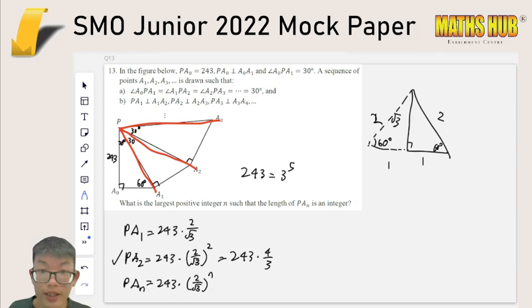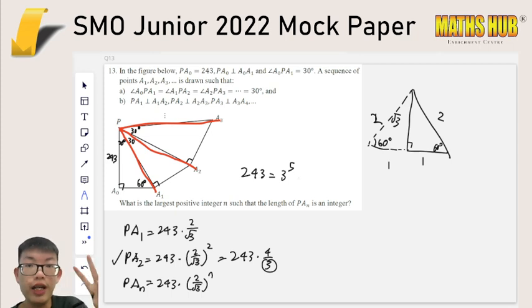Now, obviously, your n has to be even if you want it to be an integer. Because if n is odd, then you will still be left with a square root 3 inside, which cannot be an integer. Now, every time when you have two terms, you have an over 3 in there. So that means that with 3 to the power of 5, you can divide by 3 at most 5 times.